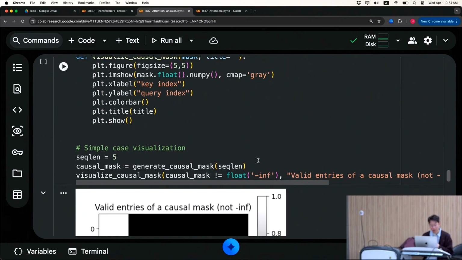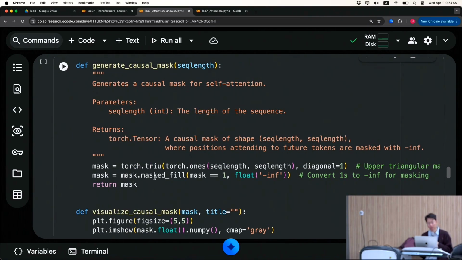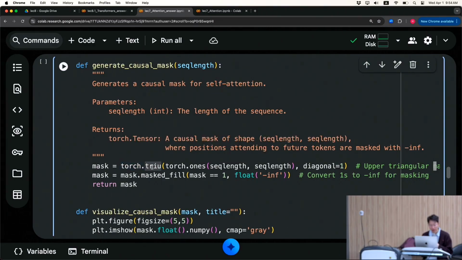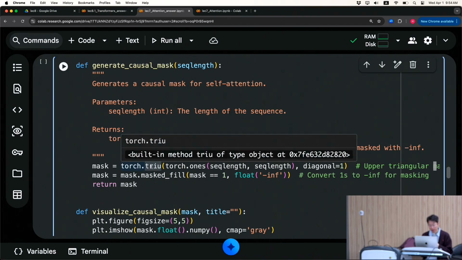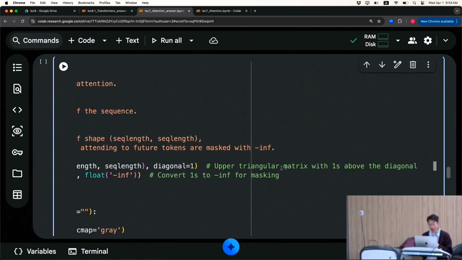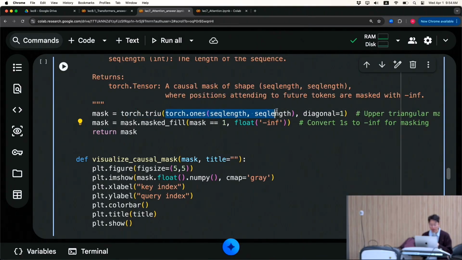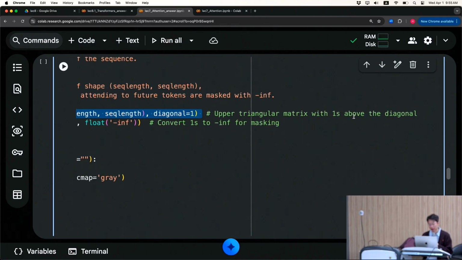So we have some helper functions. If you're not familiar with these functions, you can hover your mouse or just go to the Torch API. It builds an upper triangular matrix with ones above the diagonal. So this creates a matrix of all ones, and this flag gives you an upper triangular matrix with everything below the diagonal all 0.